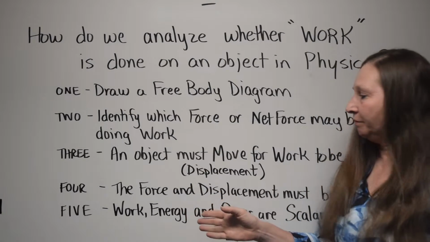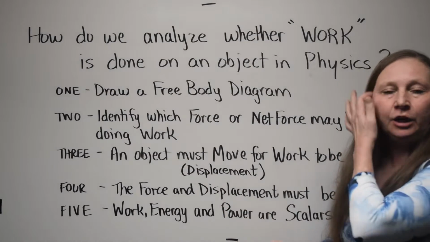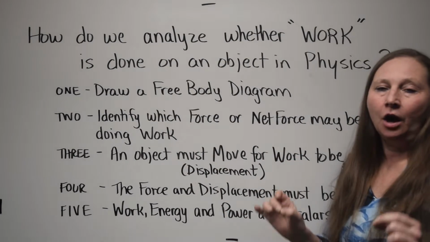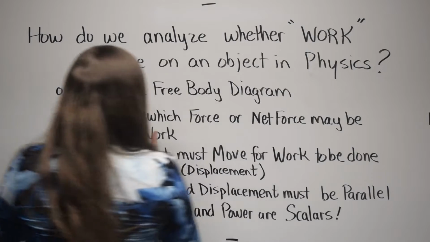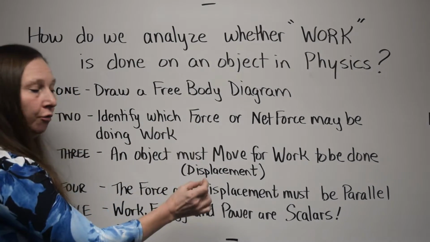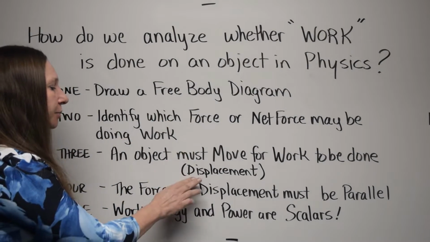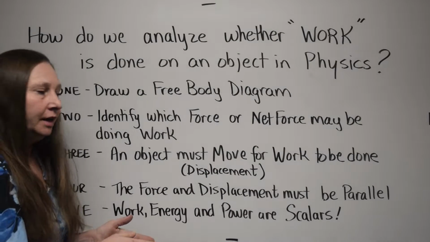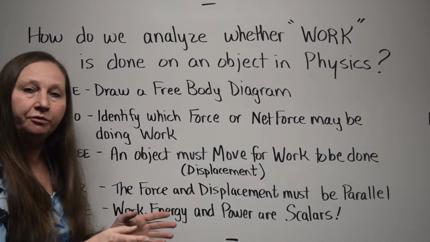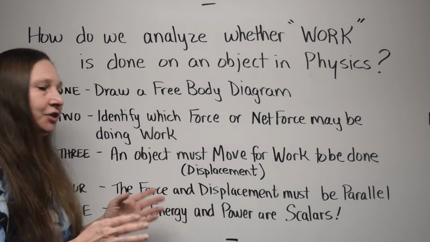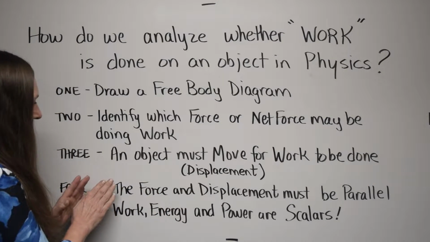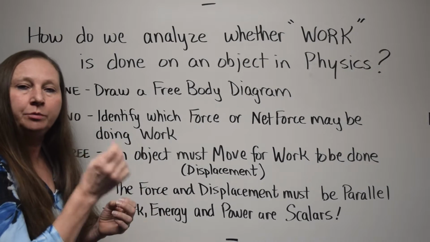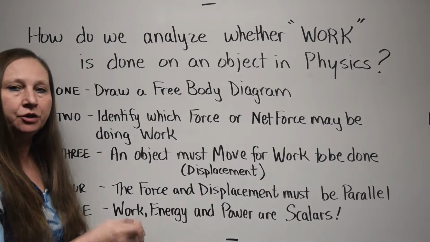Number 3, keep in mind that in order for work to be done on an object, the object must move. There must be a displacement. If the object doesn't move, no work is done. So again, in order for work to be done, the object must move.